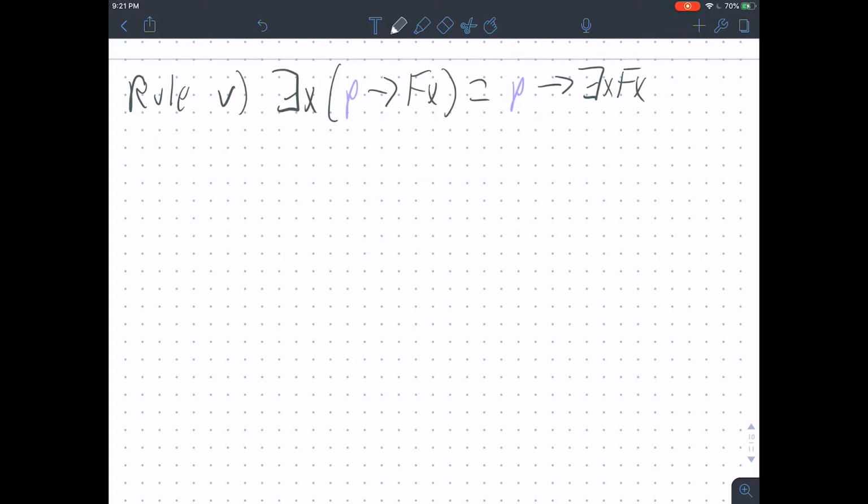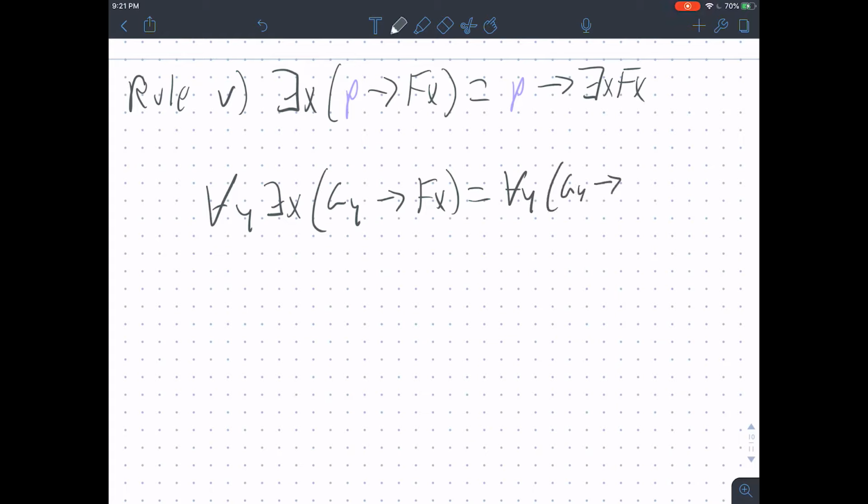So again, just examples. This is equivalent to this, right, and it also goes the other way.